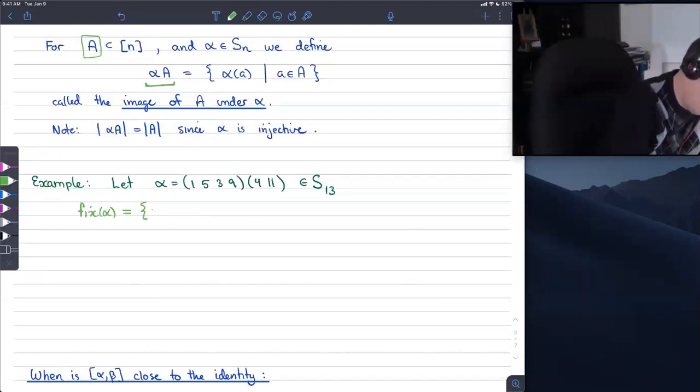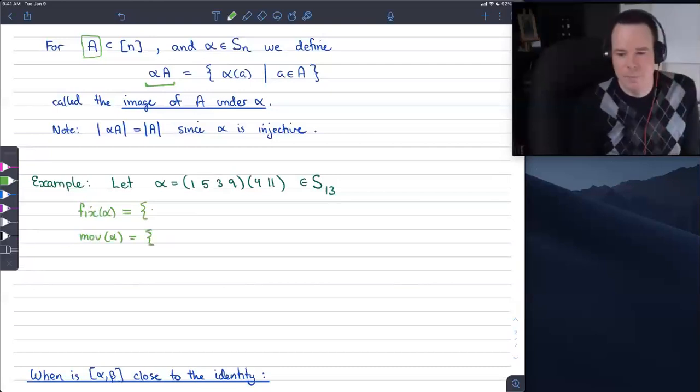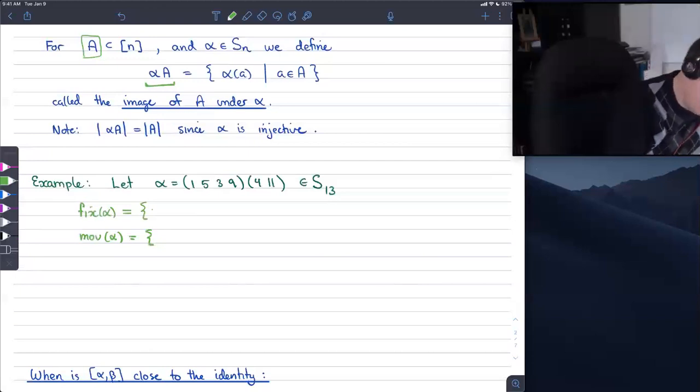Maybe the easier thing is to also write down the move set and then go one at a time. 1, that's something alpha moves. 2, that's not in the cycle structure, so that's something it fixes. 3, it moves. 4, it moves. 5, it fixes. 6, it fixes. 7, it fixes. 8 it fixes. 9 it moves. 10 it fixes. 11 it moves.